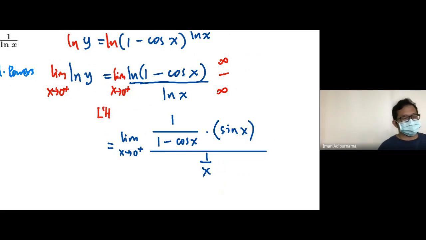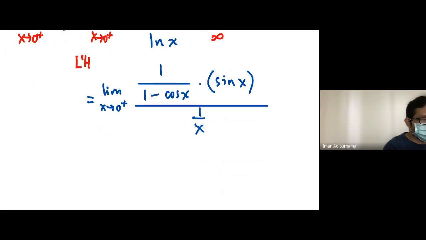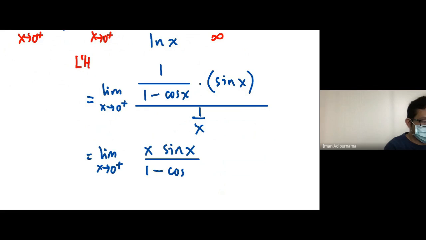Now let's rewrite the equation first. Okay, so this will be x sine x, and then 1 minus cos x.